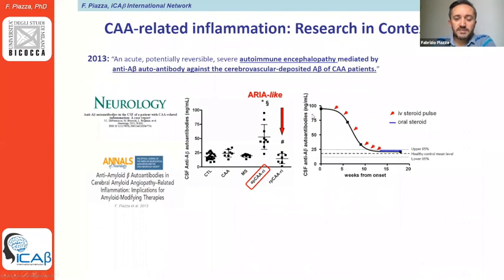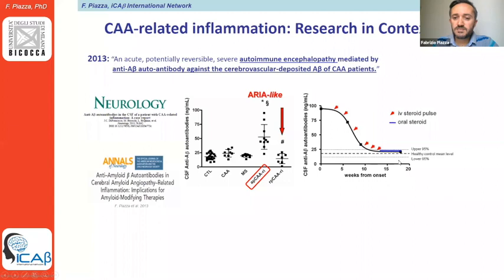Another important finding was that in the same patient, this one from Japan, we were able to have a lumbar puncture, so to take the CSF and to evaluate the concentration of these autoantibodies. And after each steroid pulse that we administered to this patient, there was a decrease of this antibody, meaning that the disease can be treated by high doses of steroids in order to reduce this antibody.